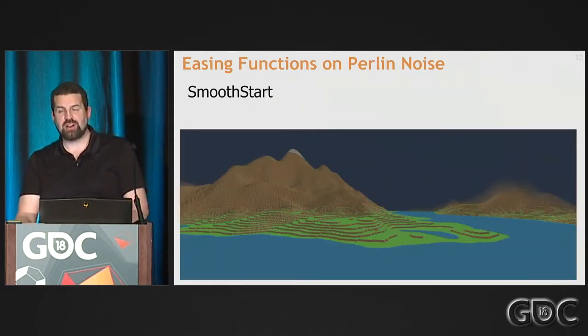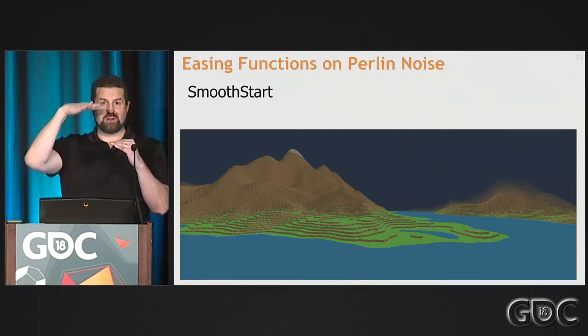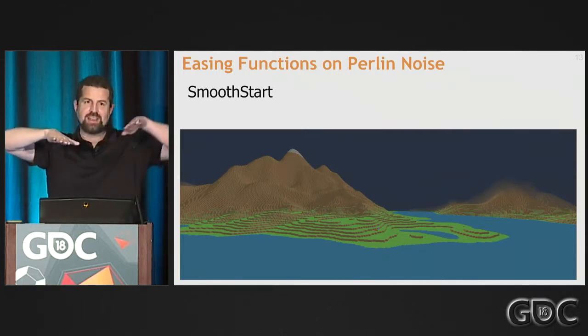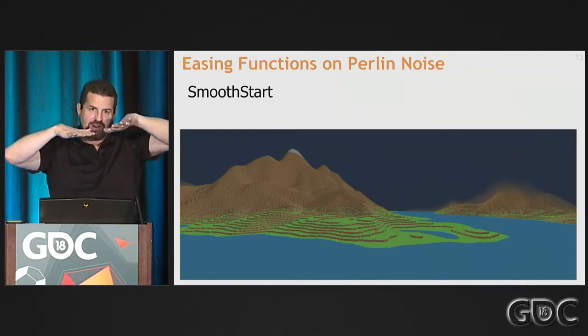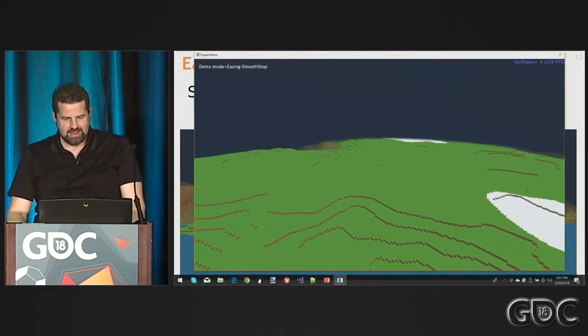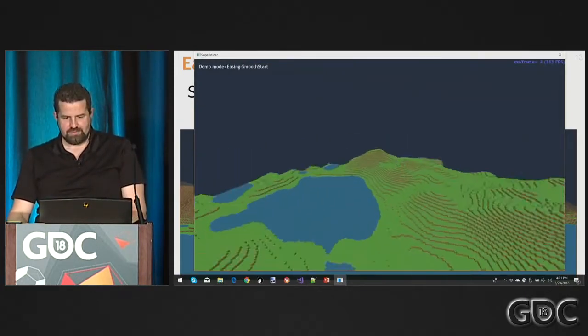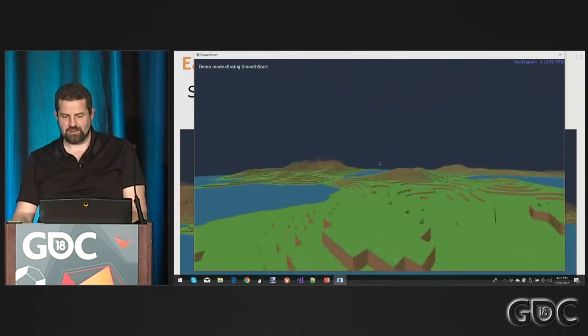If I do a smooth start, this is like noise squared, right? So 0 squared is 0, 1 squared is 1, but 1/2 squared actually becomes 1/4. So this makes a curve that kind of brings things down. So most of the noise is going to get sandwiched very low unless it's really high, and then it will shoot up. So you get these flattish lands with kind of very tame hills for most of the thing.